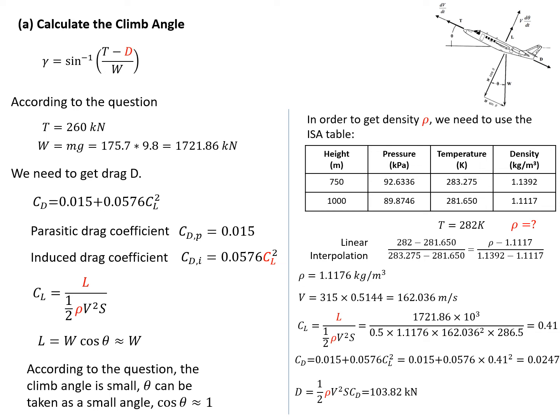And so the drag is 103.82 kilonewton. Now we can go back to the initial definition of gamma by replacing T, D, and W. And we can find the climb angle is 5.199 degree, and it's a small angle. It confirms the assumption we made also.